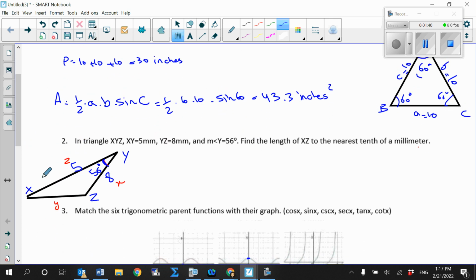Next question. In this triangle XYZ, we have side XY, which is 5 millimeters, YZ is 8 millimeters, and angle Y is 56 degrees. And now it's asking us to find XZ, this side.